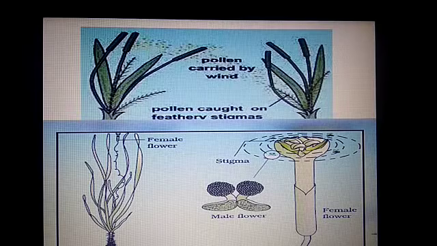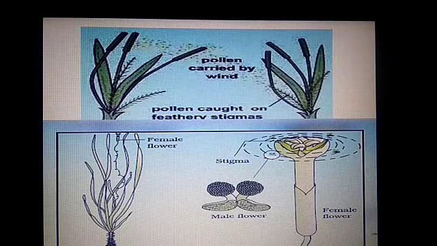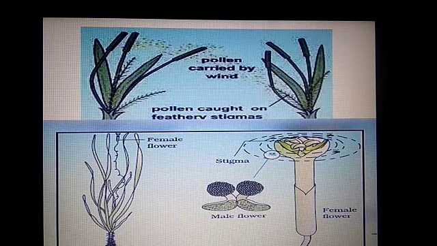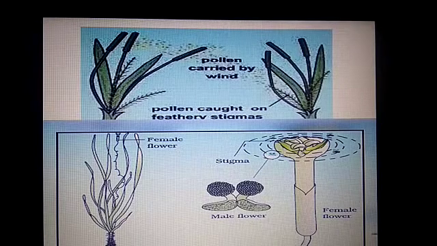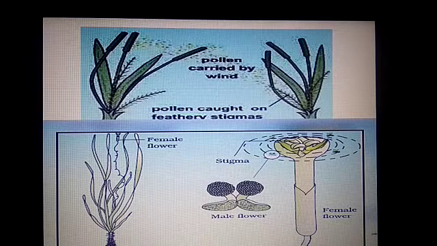When these flowers mature, the pollen grains get blown away by the wind, and they may fall in all sorts of places and some may get wasted. But if they happen to fall on the stigma of a flower of the same type, then pollination occurs.